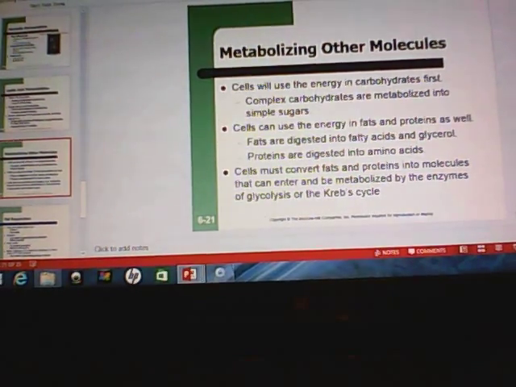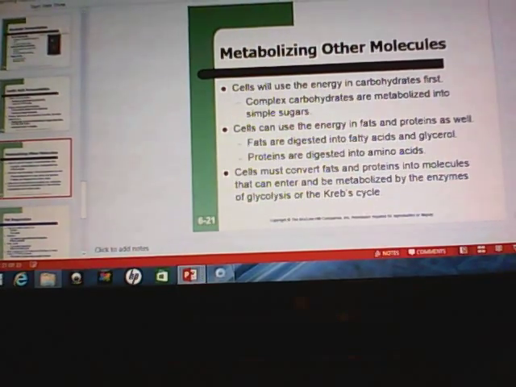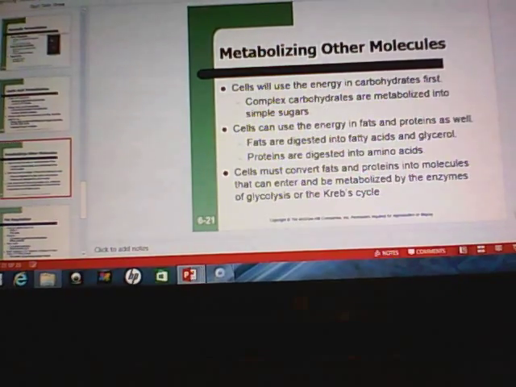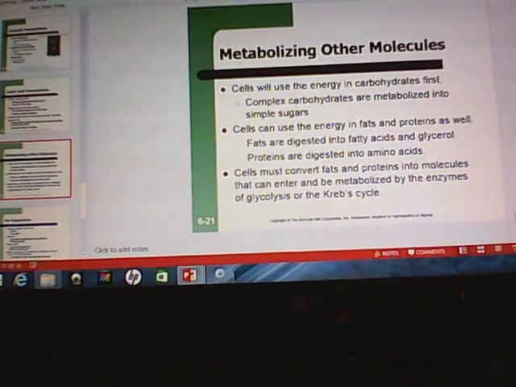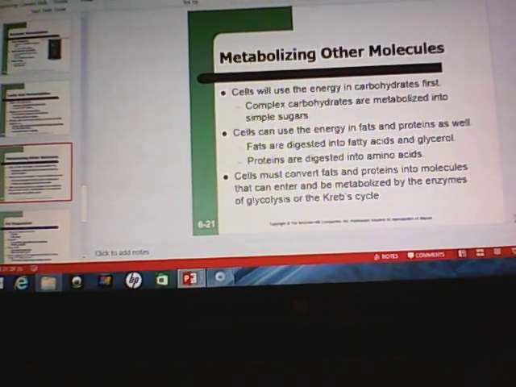Next, you just need to know that you can make glucose in other ways, by metabolizing your carbohydrates, your fats, and your proteins. Remember those are macromolecules, polymers that can be broken down into monomers.